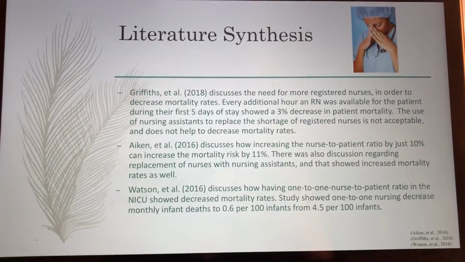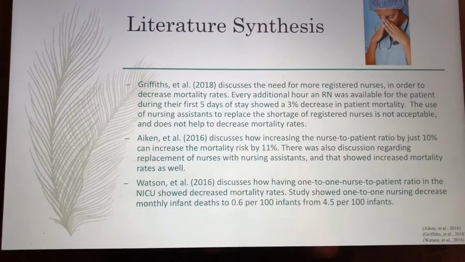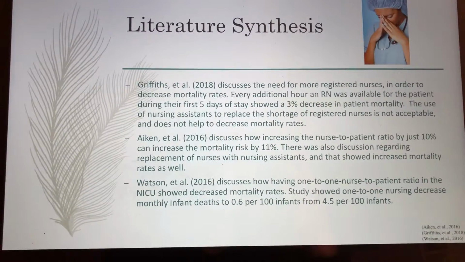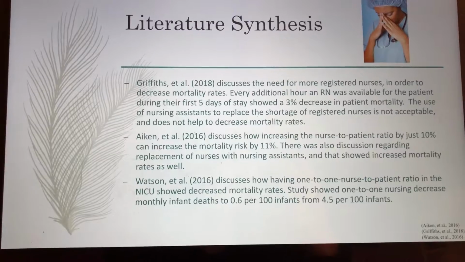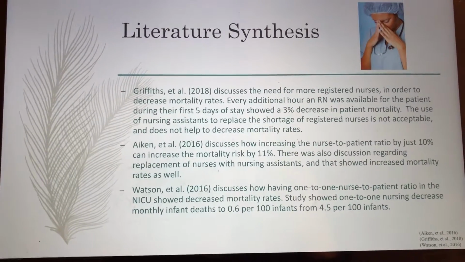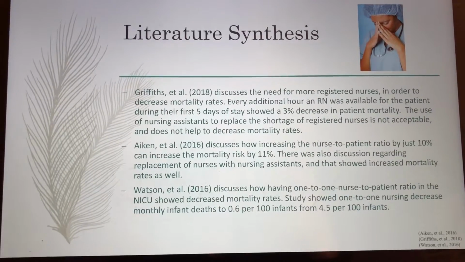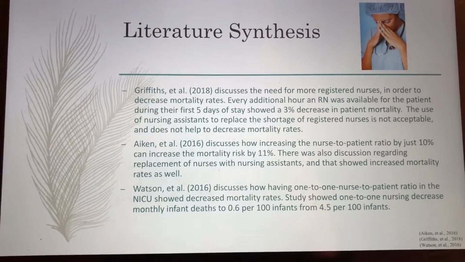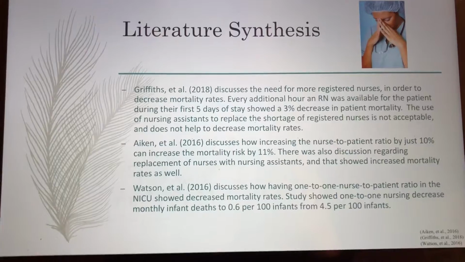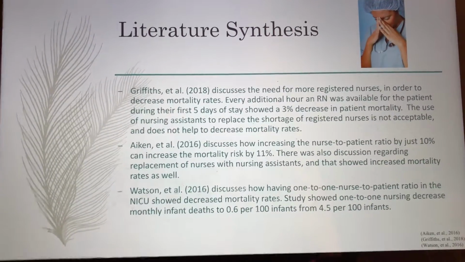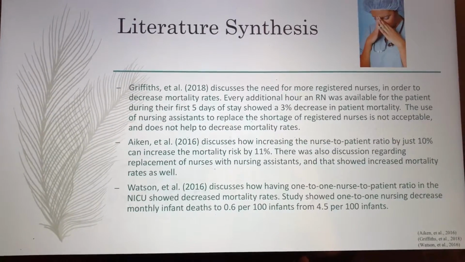So that brings me to my articles. One of the first articles I looked at was from Griffiths, and this discussed the need for more registered nurses in order to decrease mortality rates. So as I talked about in one of the previous slides, every additional hour an RN was available for the patient during the first 5 days of stay showed a 3% decrease in patient mortality.